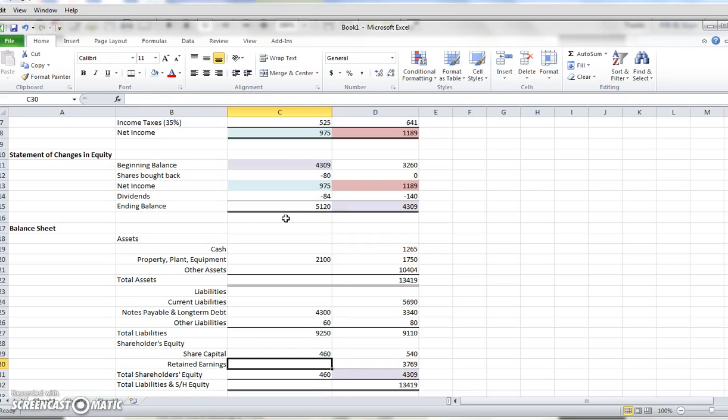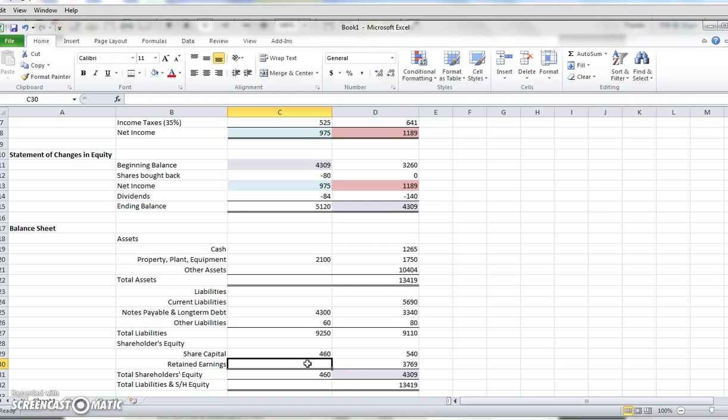And if you look here at shareholders' equity, this is the sum of the retained earnings and the share capital. So what are the retained earnings? Take a look and see if this is something that you recall from something that we've done.